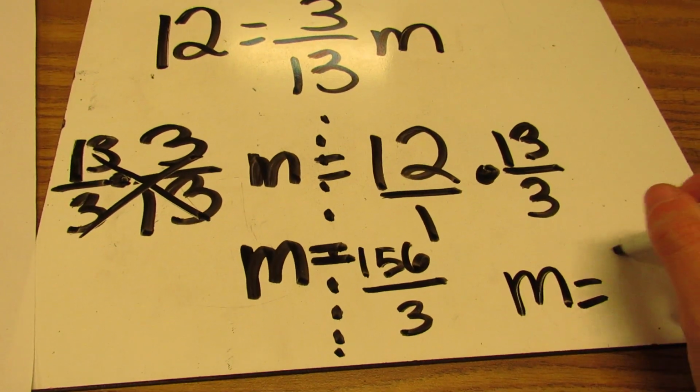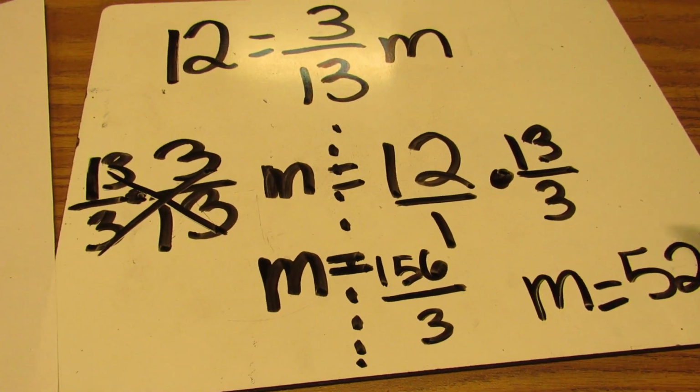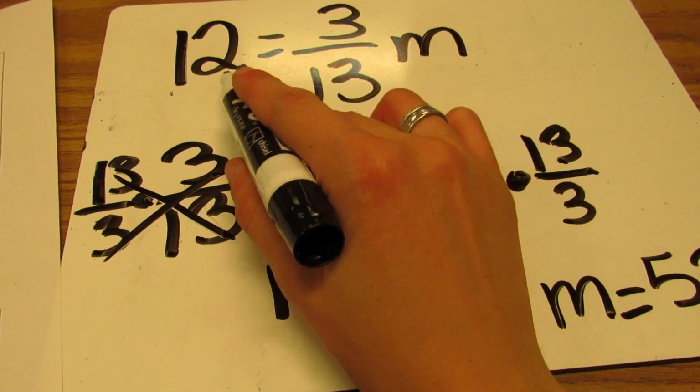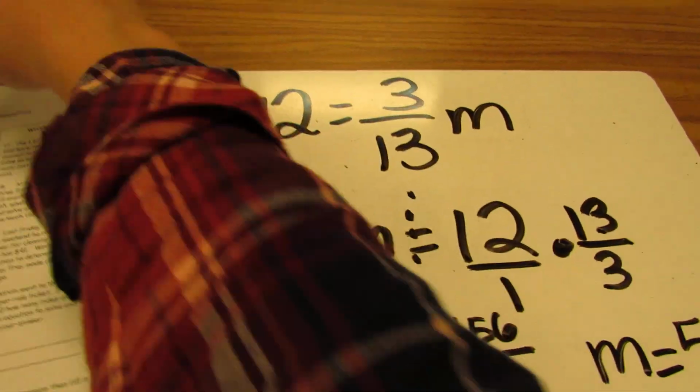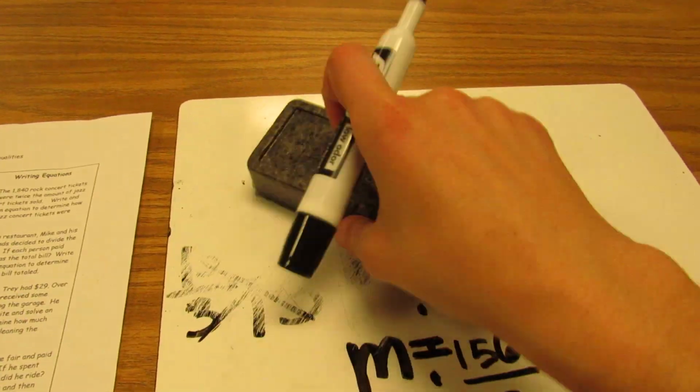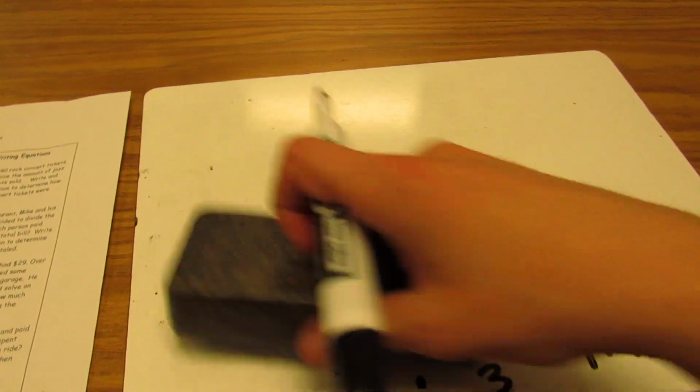M is equal to 52. If you plug that back in, you should get 12. Okay. So just remember, if you have a fraction and it's part of a product, meaning like what we just had, 3 over 13 times m, you can go ahead and multiply by the reciprocal to isolate m. So if you want to practice 10 and check yourself with the key online, you can totally do that.